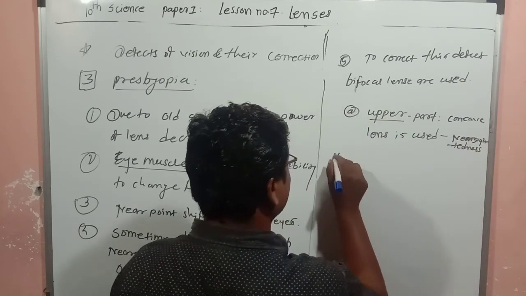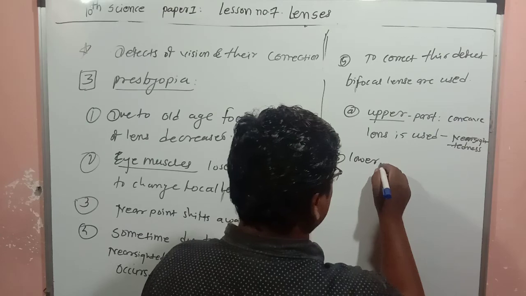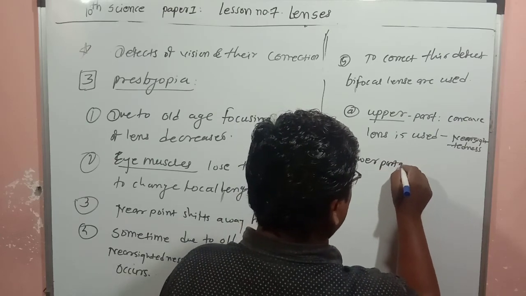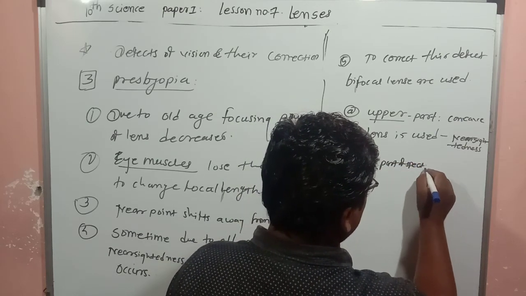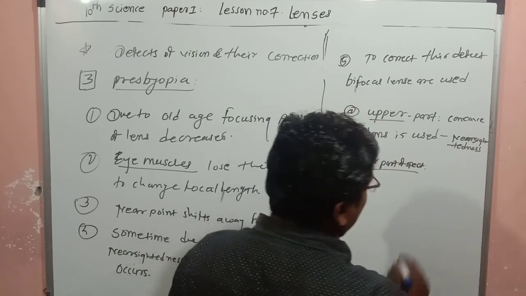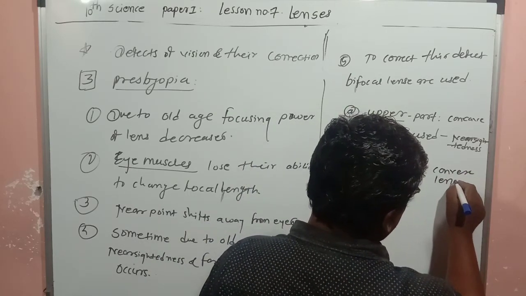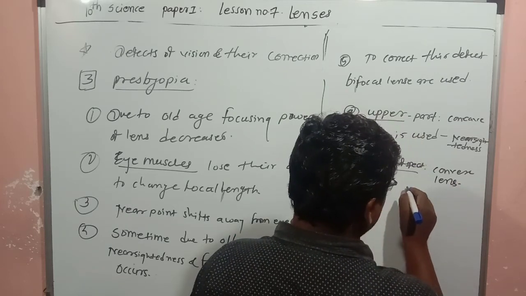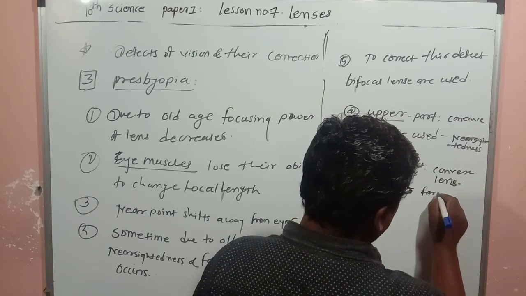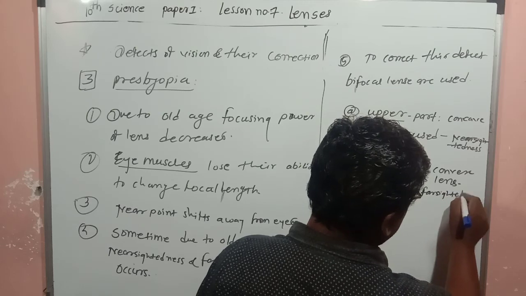And second, the lower part of the spectacles uses a convex lens, to correct farsightedness.